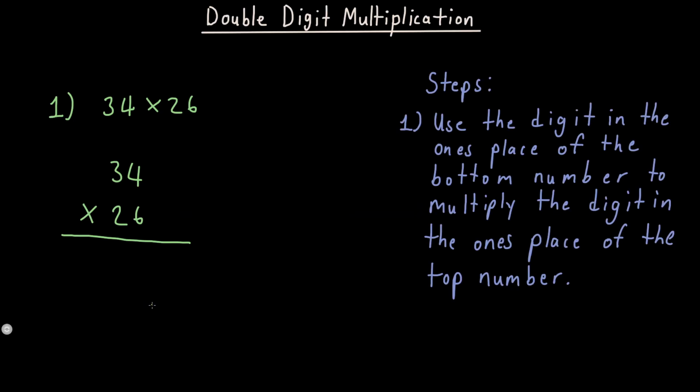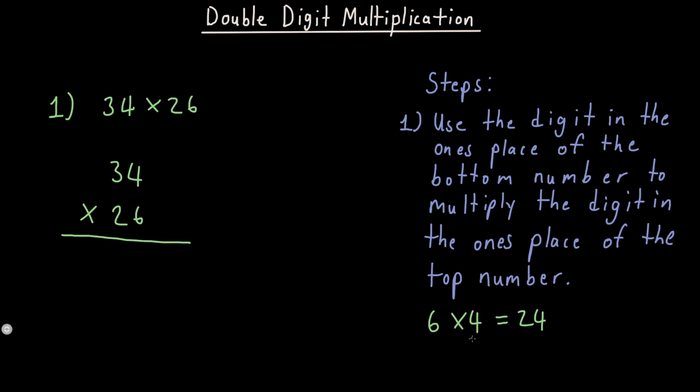Step number 1. Use the digit in the ones place of the bottom number, and in this case it is 6, to multiply the digit in the ones place of the top number. 6 times 4 gives us 24.